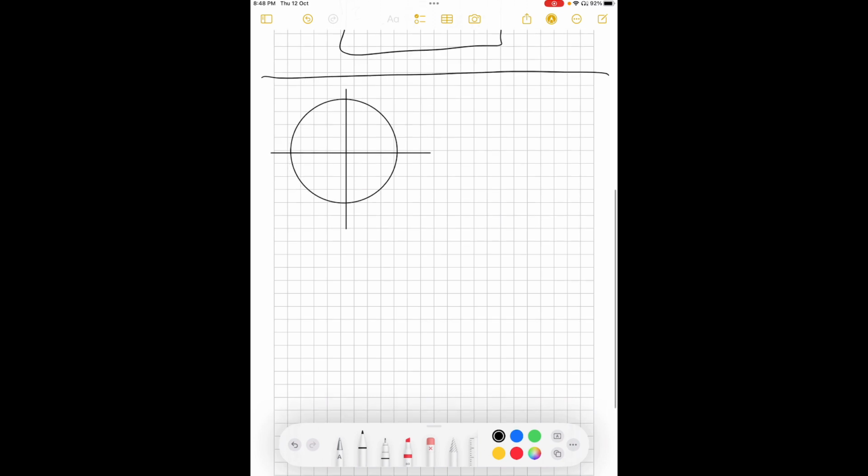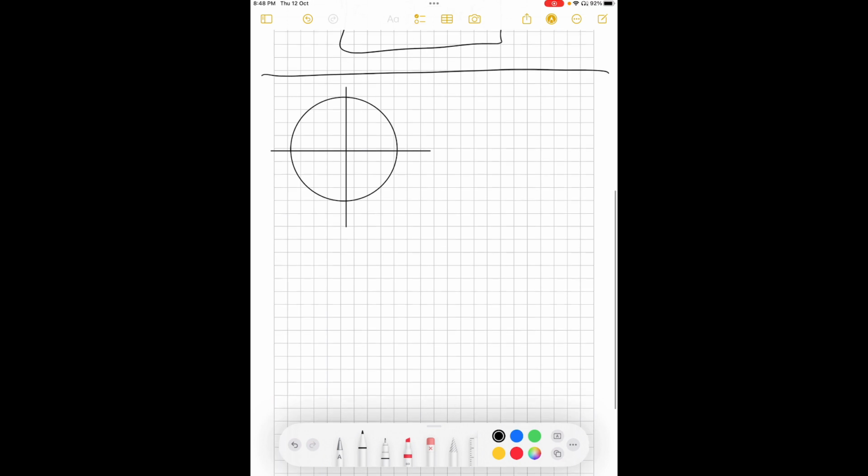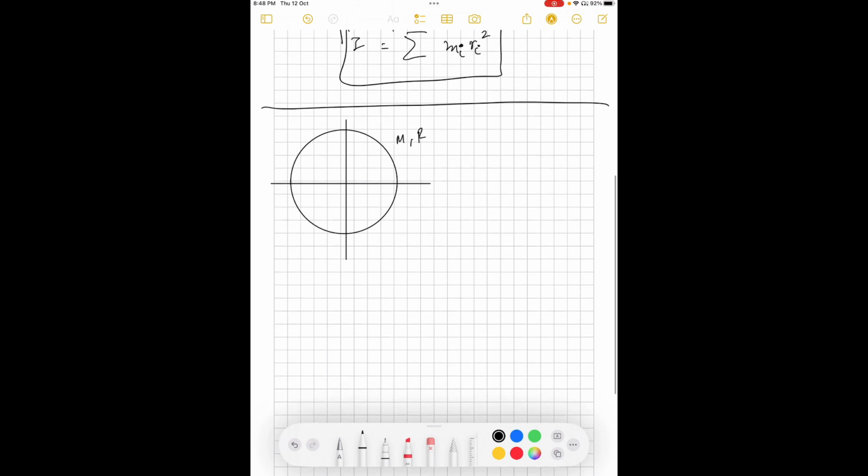We have this ring over here, and it is given mass m, radius r. This is radius r. Say this is some angle theta with respect to the x-axis. We will have a perpendicular z-axis going through the center of the ring, so we can always rotate this ring with respect to the z-axis.